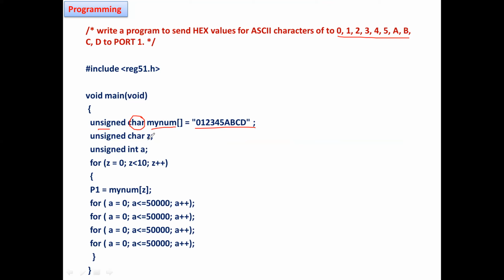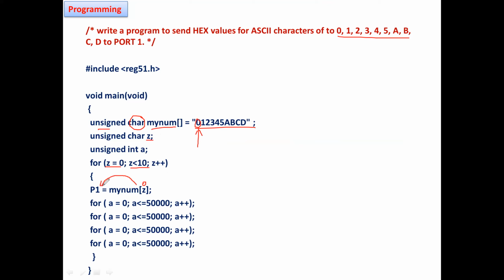I'm taking Z as a variable which is used for looping. I initialize it to 0 and check the condition for 10 values. If Z equals 0, the 0th element will be passed to port 1.